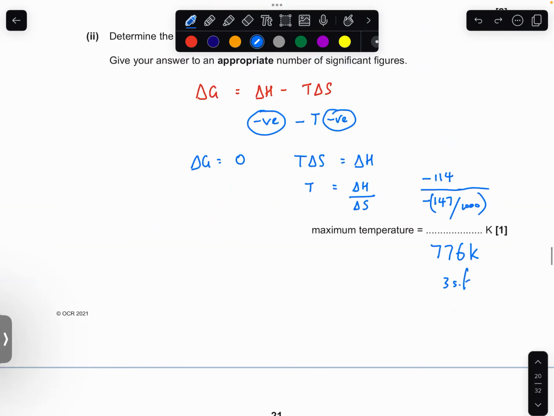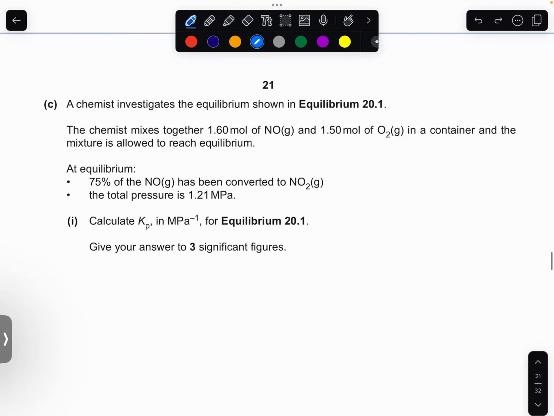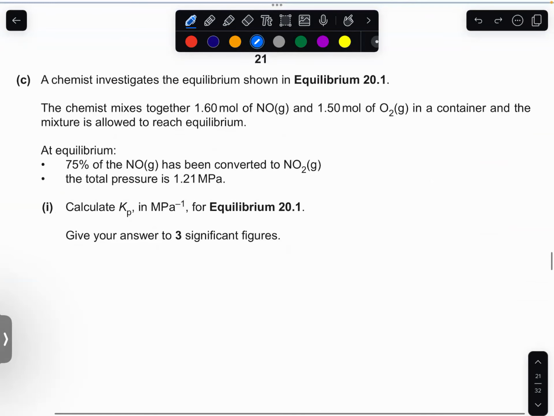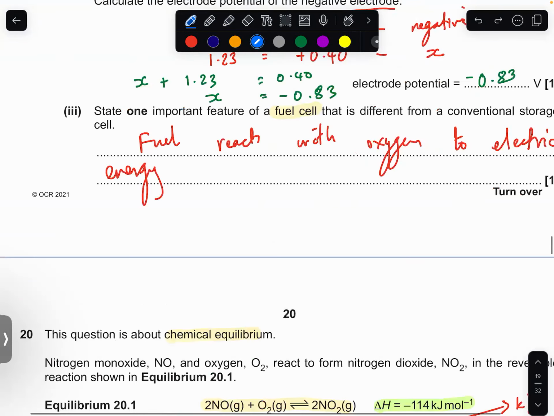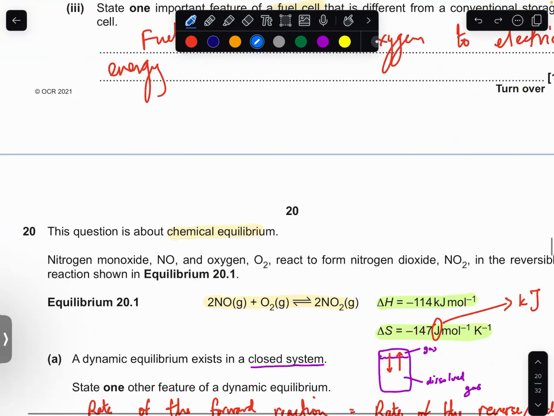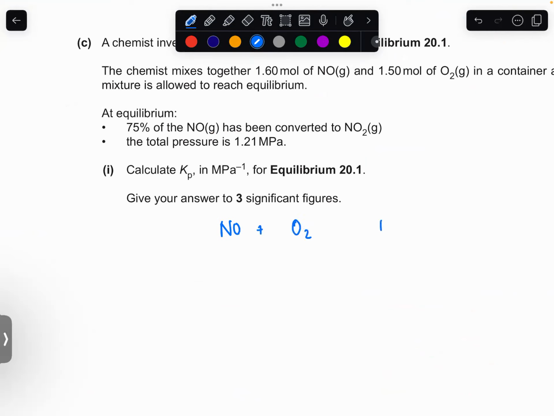Okay, moving on. This is a Kp calculation question. NO, O2, NO2: equilibrium 20.1. Let's just write this down: NO plus O2 and NO2.